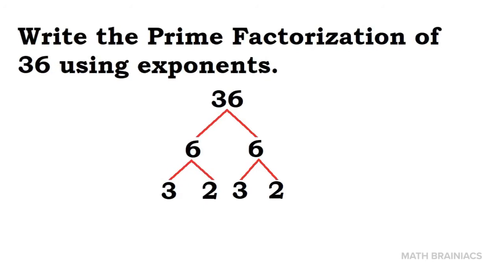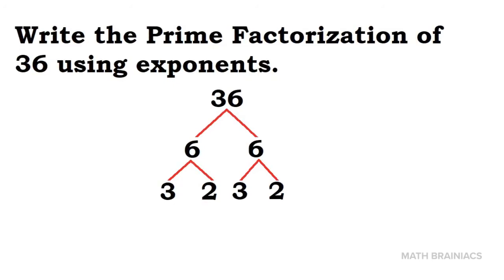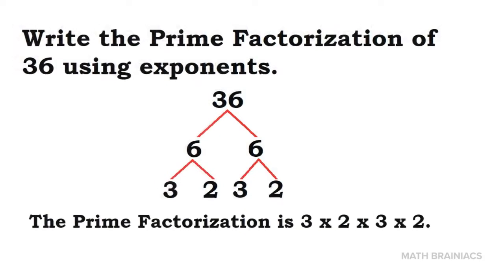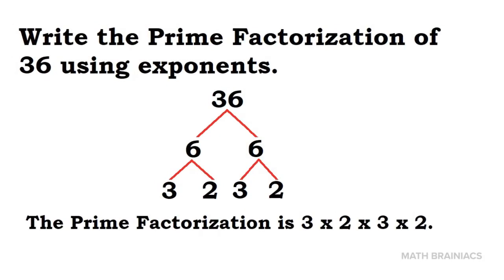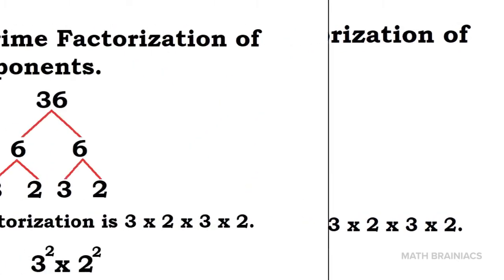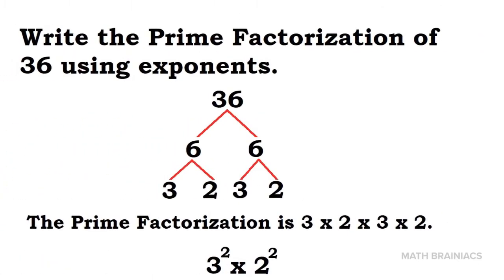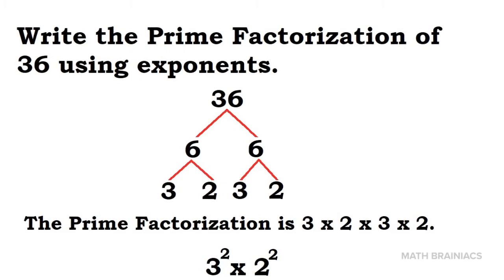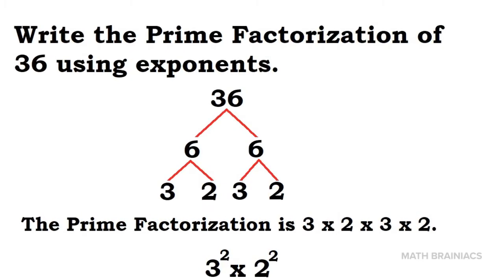And the factor of 6 here is 2 and 3. Right off, we arrive to the prime numbers. Therefore, the prime factorization is 3 times 2 times 3 times 2. Writing it as an exponent, it will give us 3 squared times 2 squared.